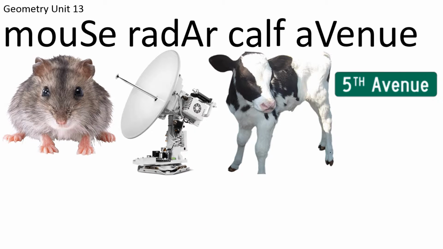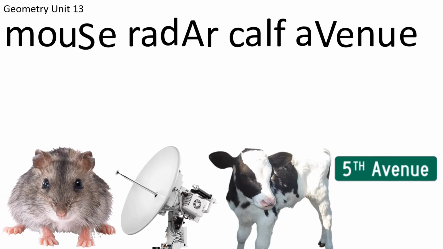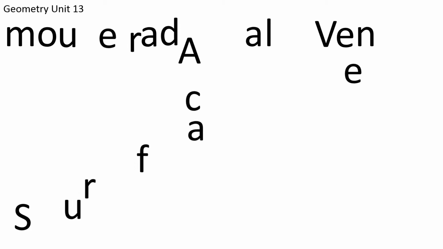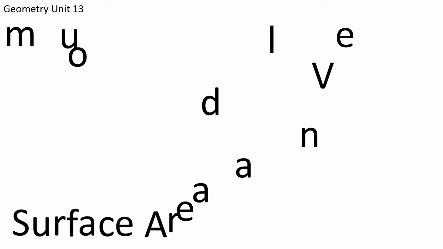There's a mouse and a radar and a calf and an avenue. No, that can't be right. Okay, so what are we going to really study? Aha, surface area and volume.